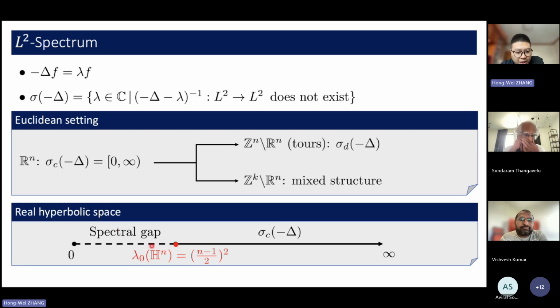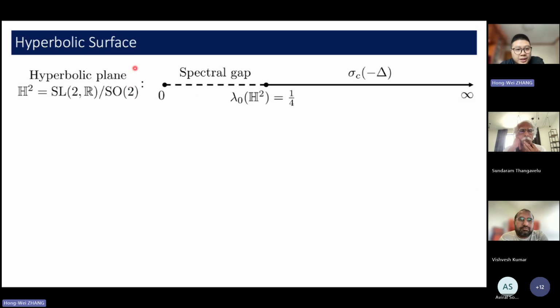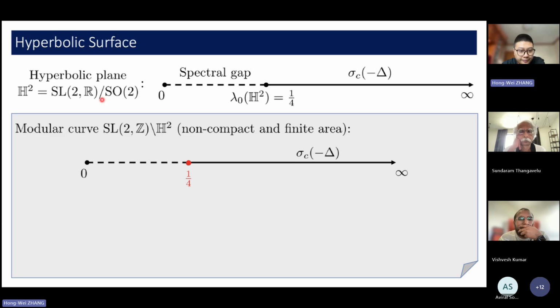So we have a spectral gap here. This is different from the Euclidean setting. So when we pass from a hyperbolic space to a hyperbolic manifold, I will explain what happens for a hyperbolic manifold in dimension 2. This is what happens on the hyperbolic plane.